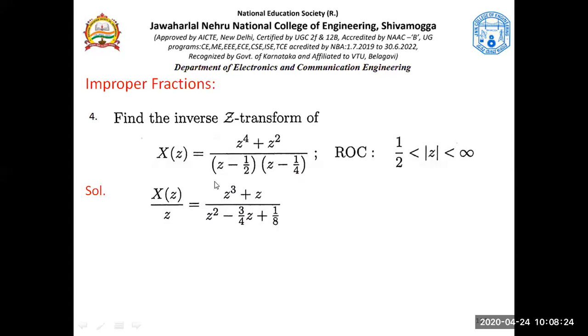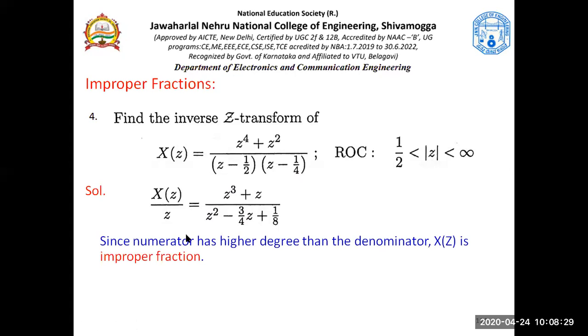So this is an improper fraction, and we need to get it into a proper fraction. I repeat, if these two powers are the same, then also it is improper. If the numerator term is of greater order, then also it is an improper function. So what is a proper function? A proper function is one wherein the denominator equation has greater order compared to the numerator equation. Okay, hope that is clear to you now.